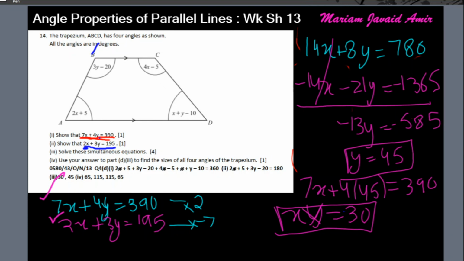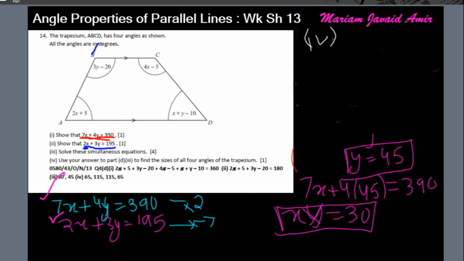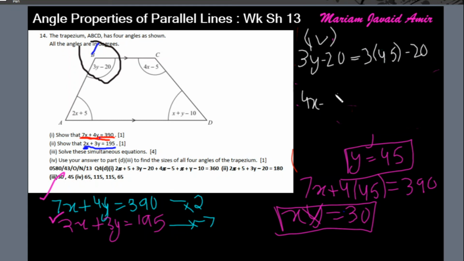Part 4. Find the sizes of the four angles of the trapezium. So the first angle is 3y minus 20, this angle right here. y was 45, so this becomes 3 times 45 minus 20. Next angle is 4x minus 5, which will be 4 times 30 minus 5.